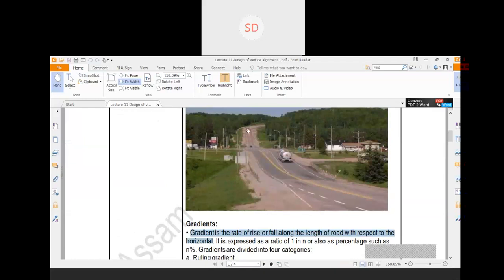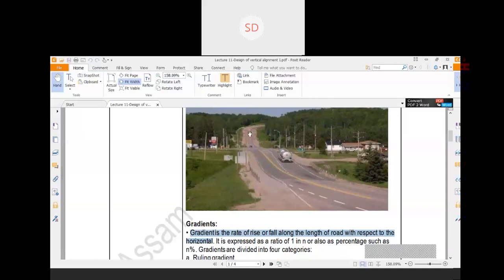Suppose you consider this section and a horizontal reference; here some down portion is there, some up portion is there, then again some up portion. This type of thing is called gradient. That is the undulations over the road, or the rate of rise or rate of fall. So gradient is basically the vertical profile of the road.